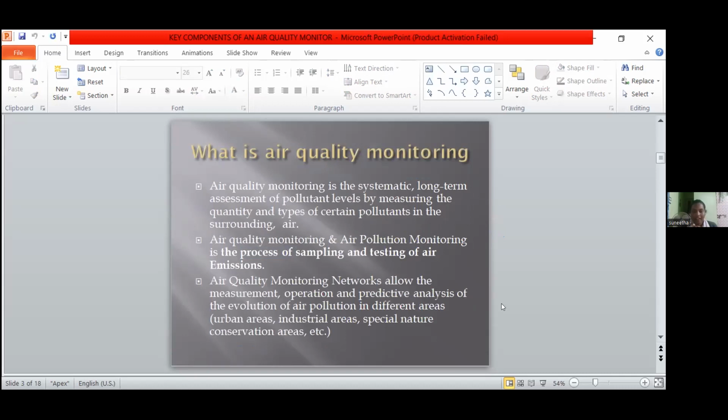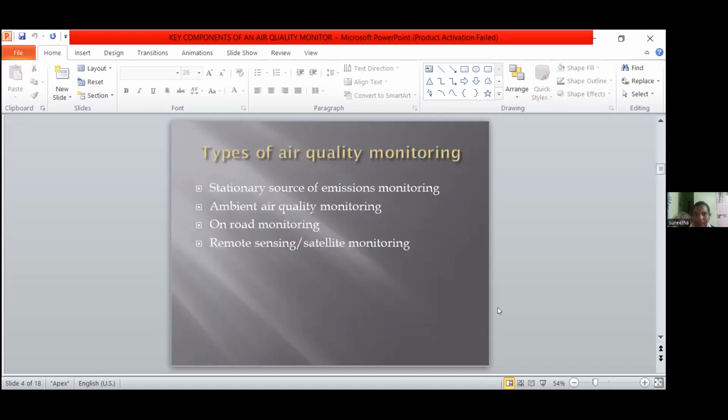Regarding our health, air quality monitoring is an important aspect of our life because it directly affects our health. The types of air quality monitoring are: stationary source emission monitoring, ambient air quality monitoring, on-road monitoring, remote sensing, and satellite monitoring. I have already explained these in my previous task.